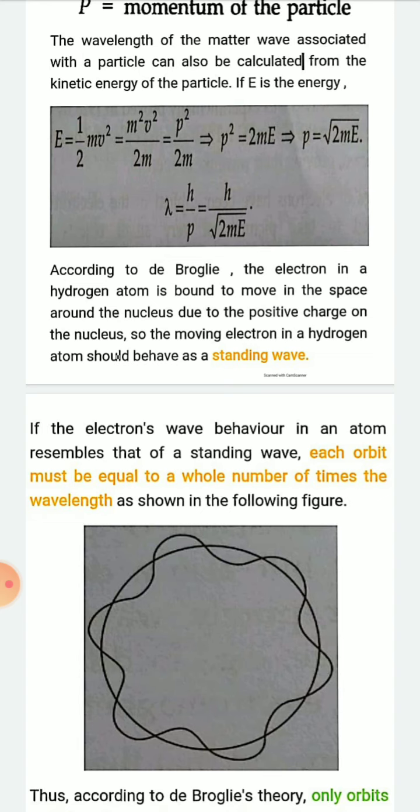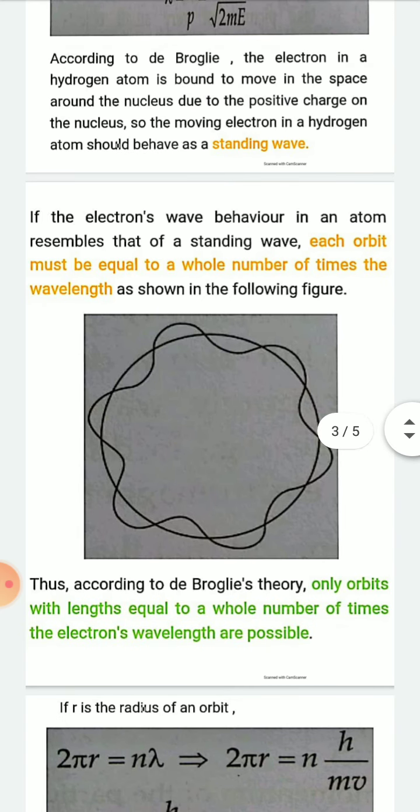Here the electron is not considered as a particle; it is shown as revolving around the nucleus as a wave.